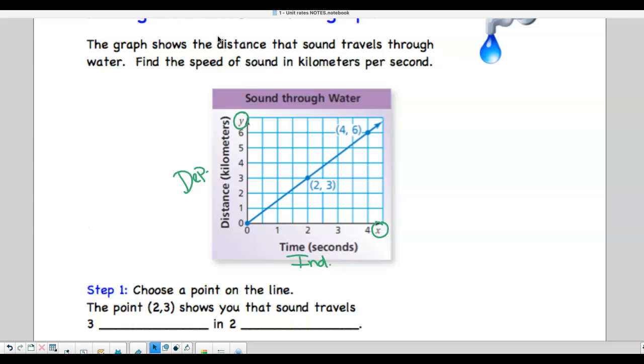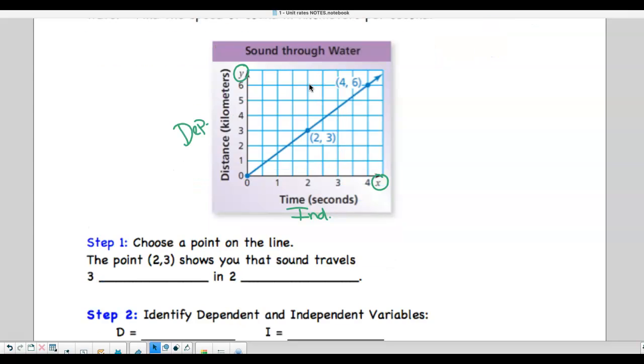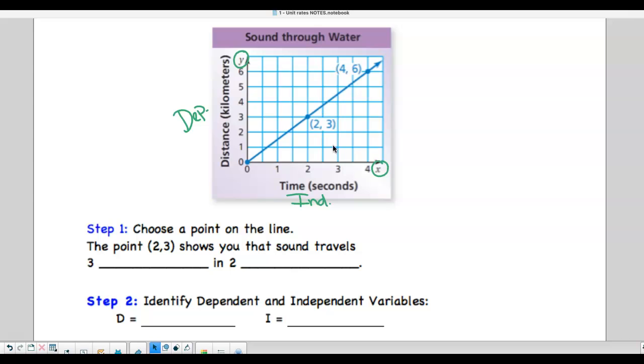So if I want to find the speed of sound in kilometers per second, I'm going to choose a point on the line. This one, I'm going to choose the point (2, 3). And this point shows me that the sound travels 3 kilometers in 2 seconds. Notice how I read the point backwards? It was (2, 3), but I read it backwards.